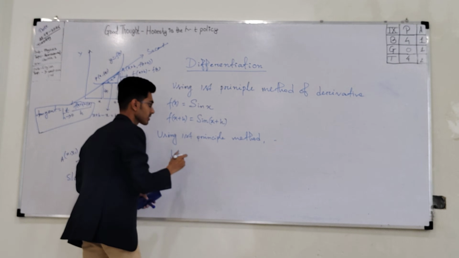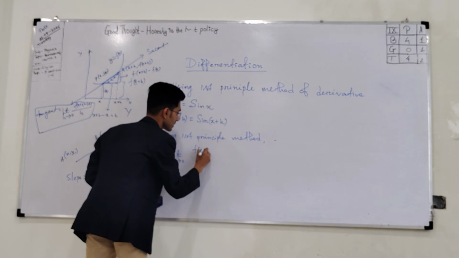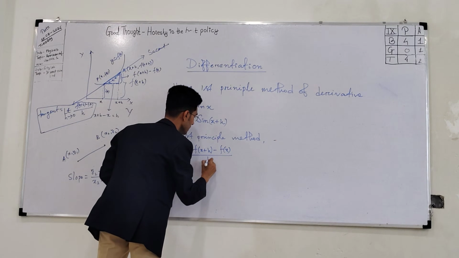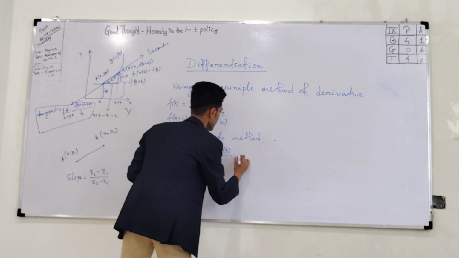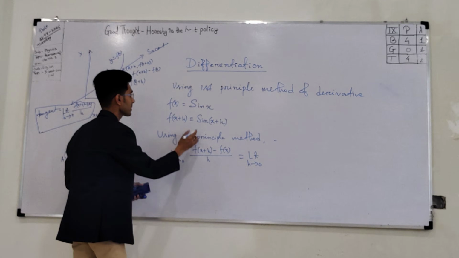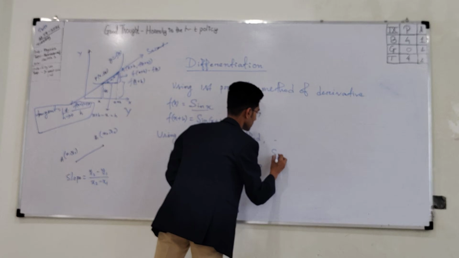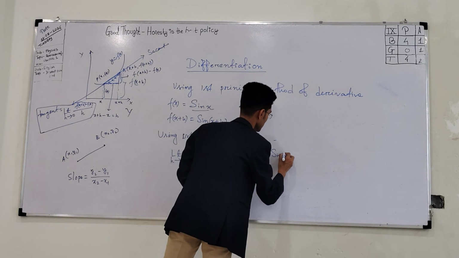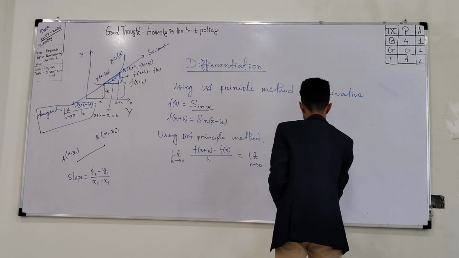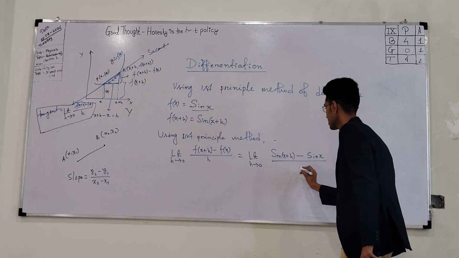What is the first principle method of derivative? f of x plus h minus f of x divided by h. After that we can write limit h tends to 0, f of x plus h means sin of x plus h, minus f of x means sin x, divided by h.